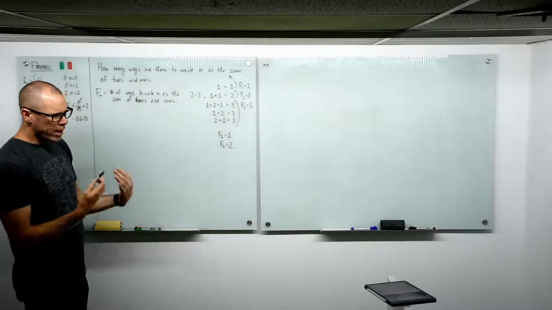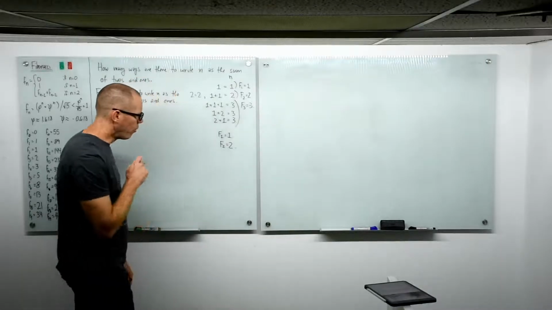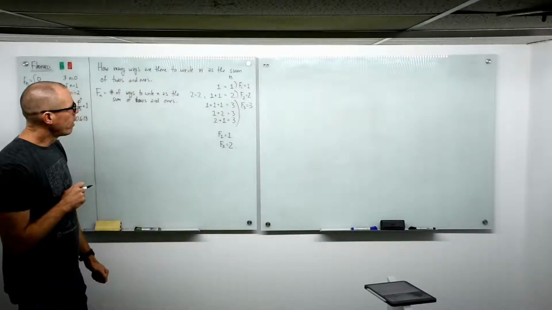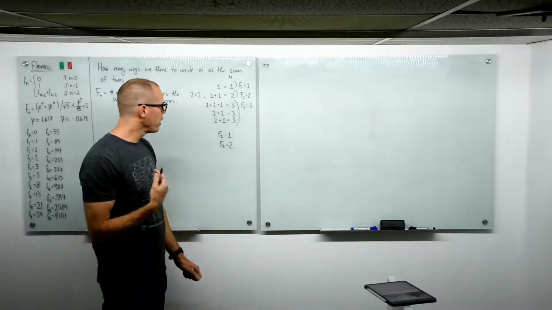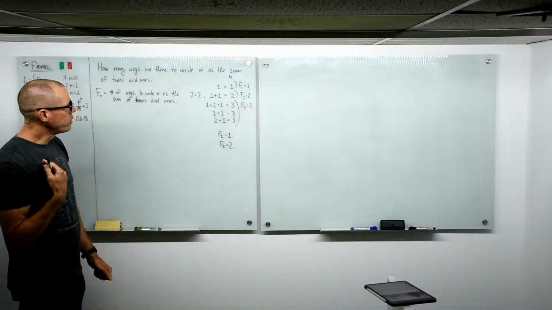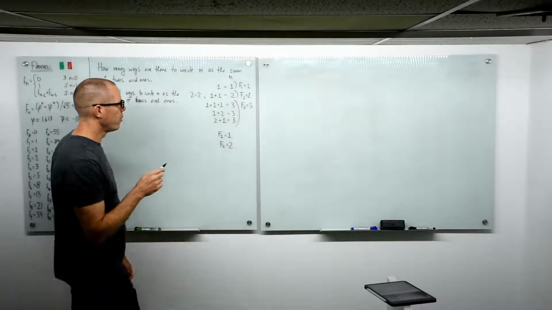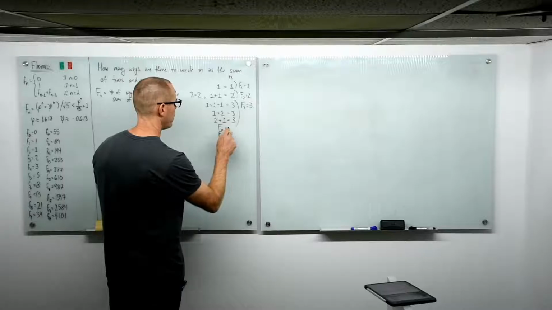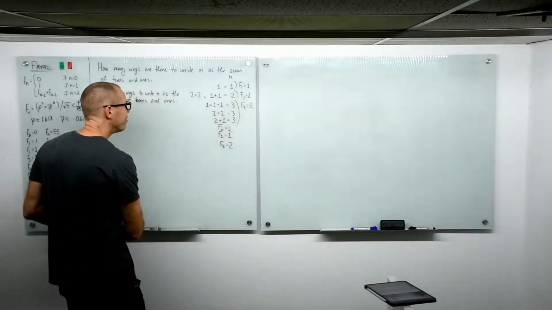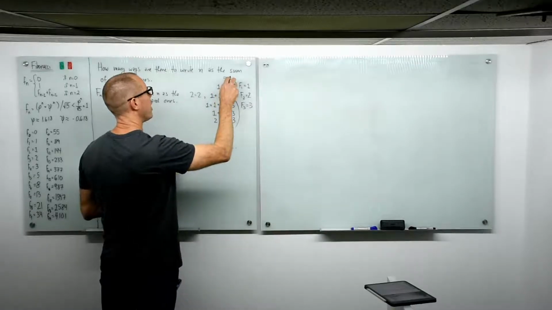We can even go back a step and say, what's f of 0? Well, how many ways are there to write 0 as a sum of a string of 1s and 2s? Well, there actually is a way to do that. So f of 0 is 1, because I can interpret that as nothing on the left-hand side.